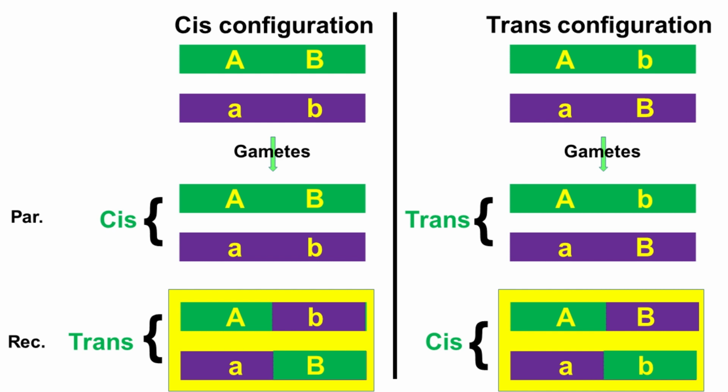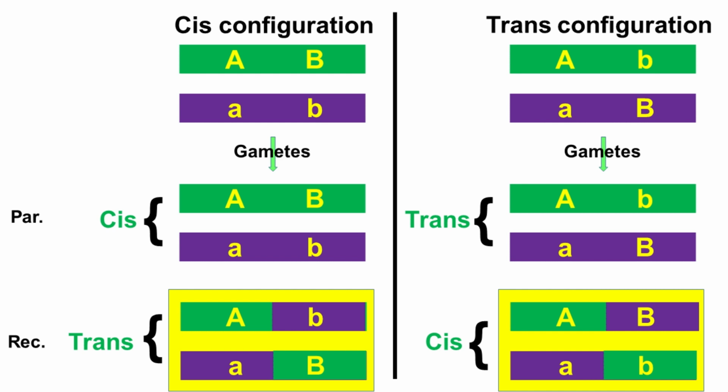This arrangement leads to parental gametes being the same as the original chromosomes, which are both dominant AB and recessive ab. However, if recombination occurs, recombinant gametes are produced, resulting in new allele combinations, one with dominant A and recessive b, and the other with recessive a and dominant B alleles.